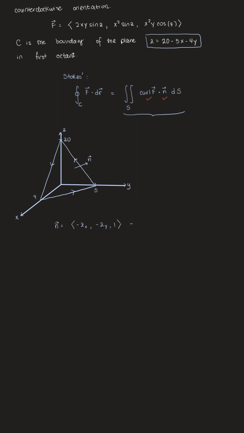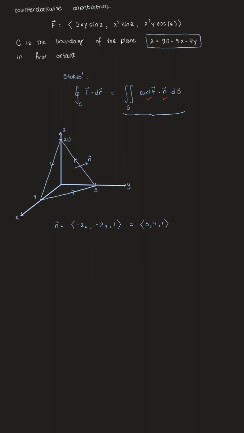For our problem, z is 20 minus 5x minus 4y. So partial of z with respect to x is negative 5, so the negative of that will be 5. Partial of z with respect to y is negative 4, so the negative of that will be 4, and 1. And that is an outward-facing normal.